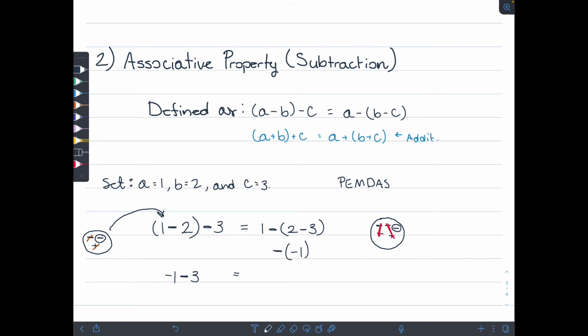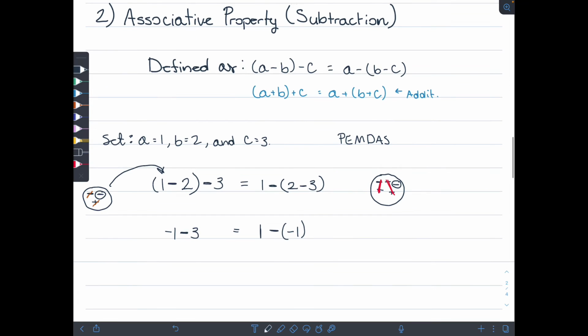Do parentheses. Negative 1 minus 3, which is negative 4. Why is it negative 4? Let's draw our charge field once more. We have 3 negatives and 1 more negative.